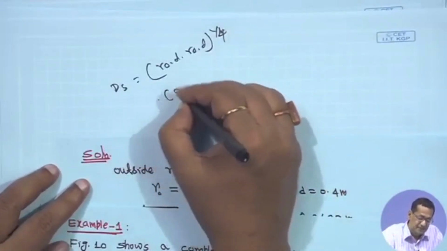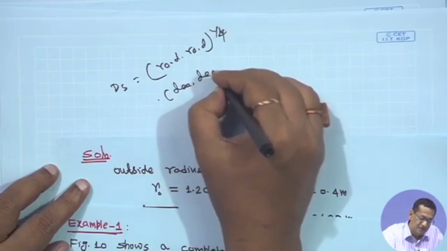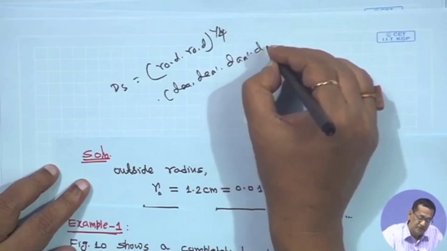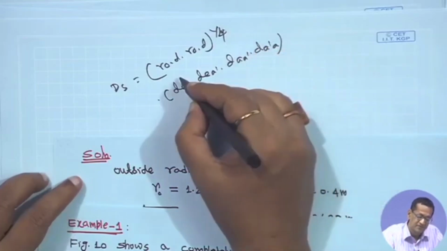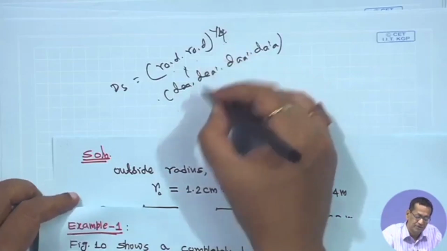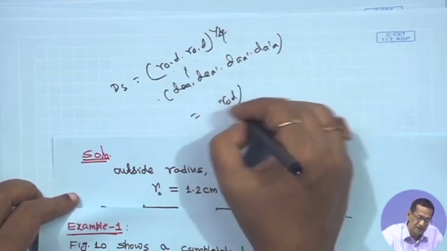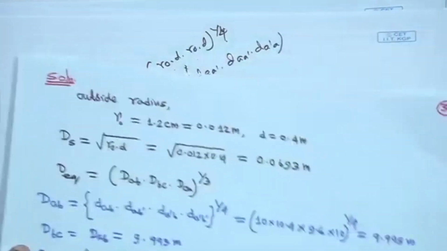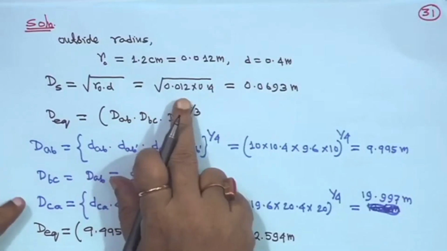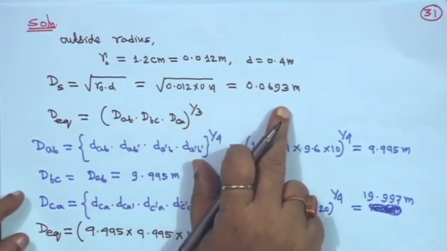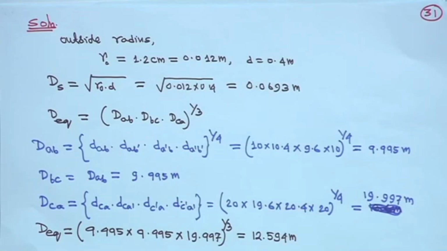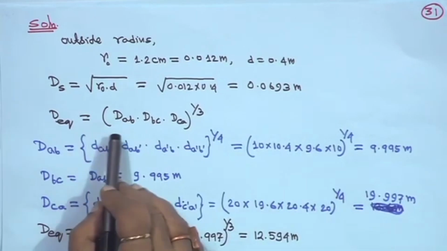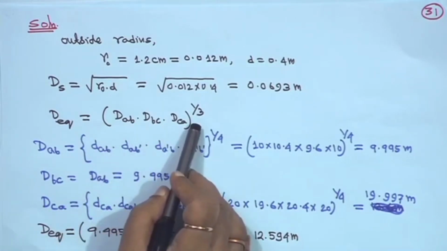Basically it is dA into dA dash, then dA dash into dA dash A. So basically it is (r0 d) to the power 1 by 4, that is (r0 d) to the power half. That is why Ds is equal to root over r0 into 0.4, so it is 0.00693 meter.